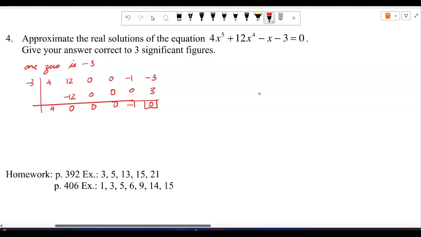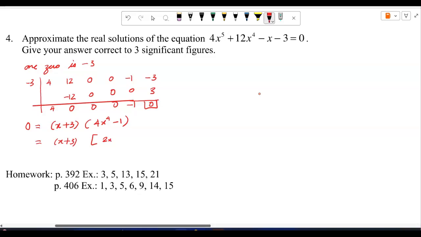So this became x plus 3 times 4x to the 4 minus 1 equal to 0. Oh yeah, nice, that makes it nice and easy. Now can you factorize 4x to the 4 minus 1? Difference of squares.